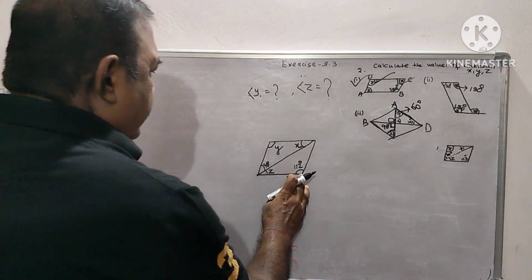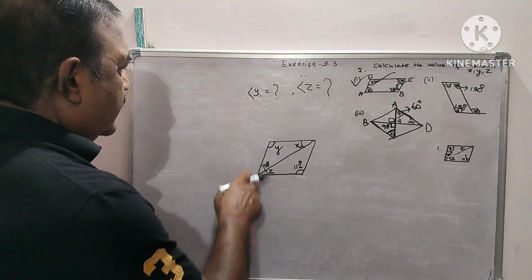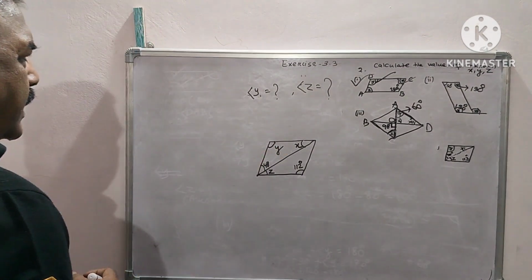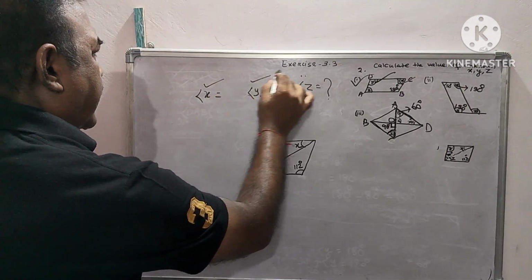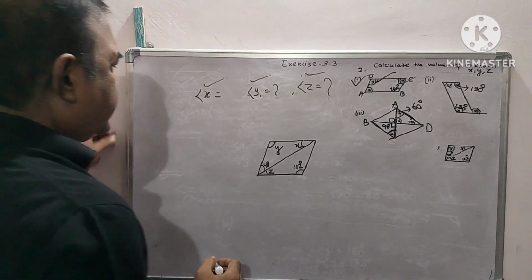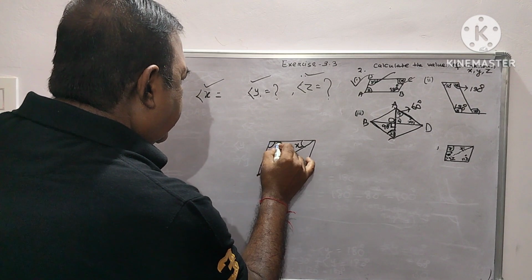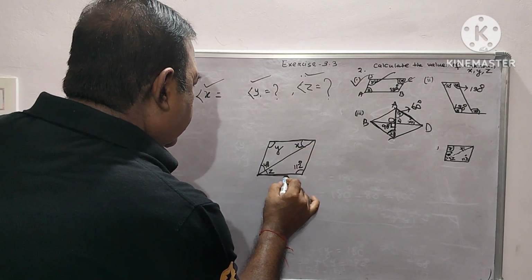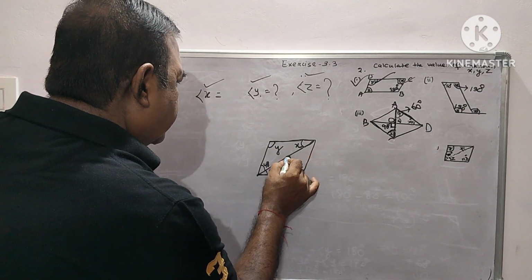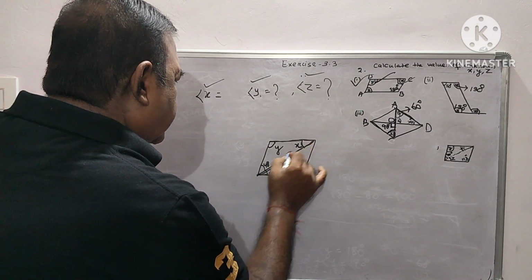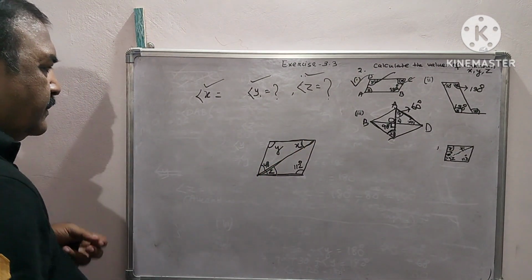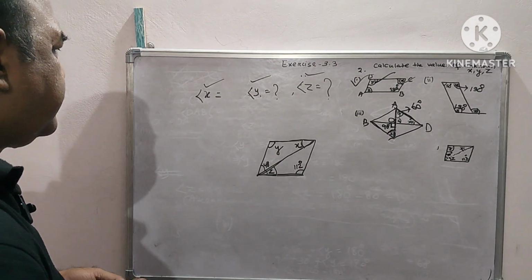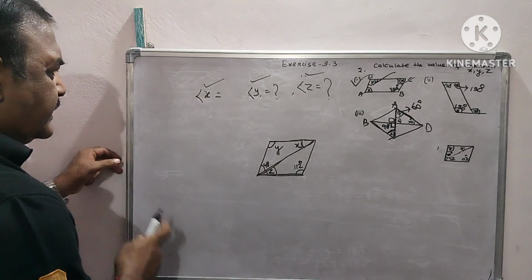So you see, this is a parallelogram and we have to find the value of angle x, angle y and angle z. And you see, this side is parallel to this side. This is the transversal. So angle x and angle z are alternate angles, are they not? Like this.